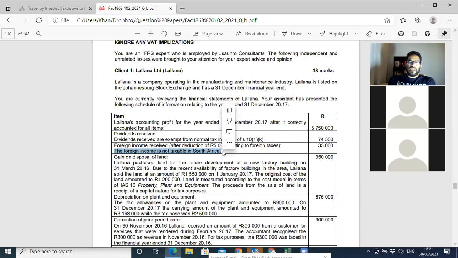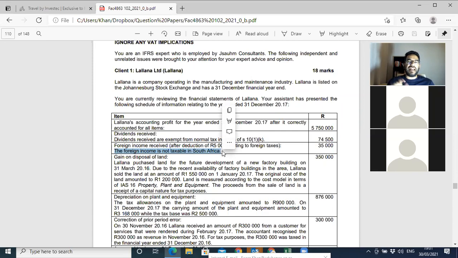So here's an important aspect to take note of whenever you see foreign income. From an accounting perspective, and this concept is going to come through in impairment as well, every income and every expense must be recognized before tax. Why?